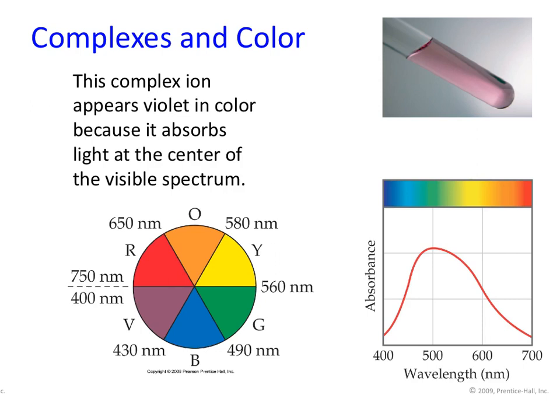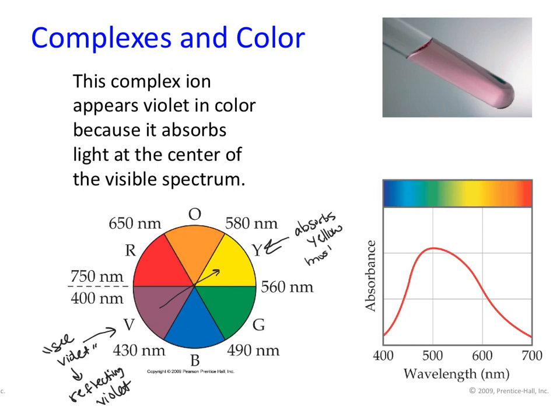So if we see violet color, that means that the solution is reflecting violet and absorbing the complementary color, which is the other side of the color wheel. So it absorbs yellow most intensely.